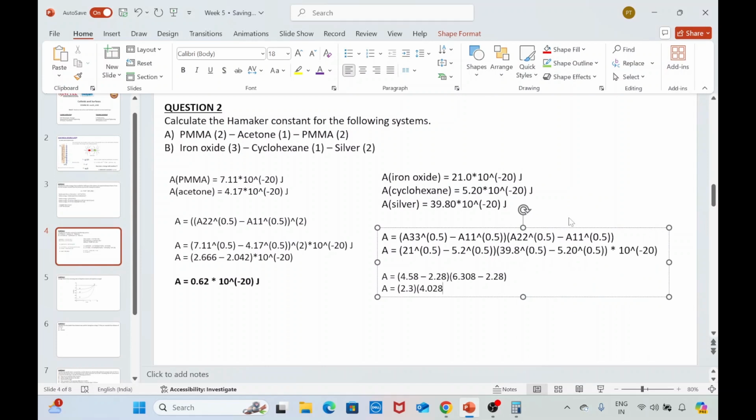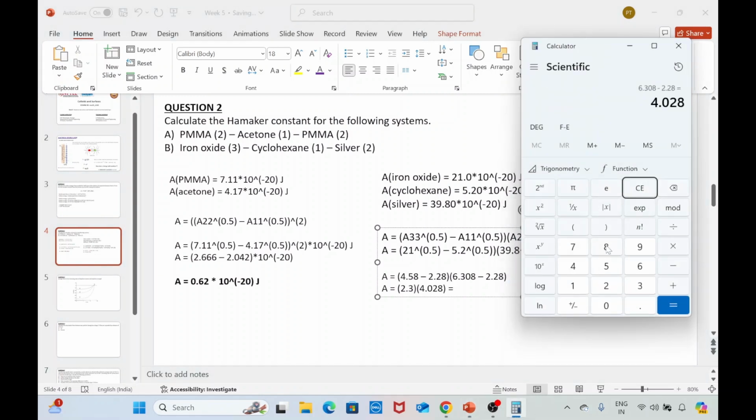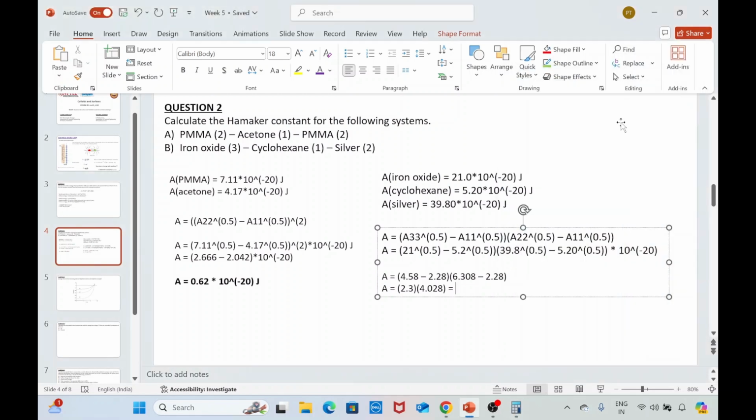So this value will be 9.264 times that power term that we have not included so far.